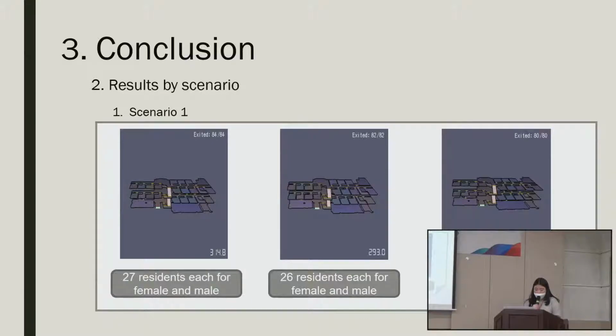Simulation results. In scenario 1, the shortest evacuation time was when there were 25 male and 25 female residents, and when there were 27 male and 27 female residents, the evacuation time was over 300 seconds. Thus, the adequate number of residents from floor placement by scenario 1 is 25 male and 25 female residents, so that evacuation is completed within the available time.